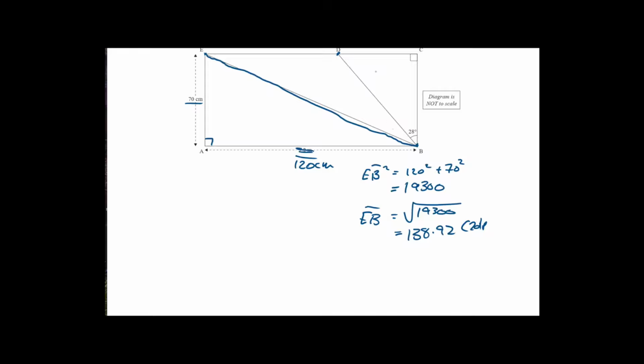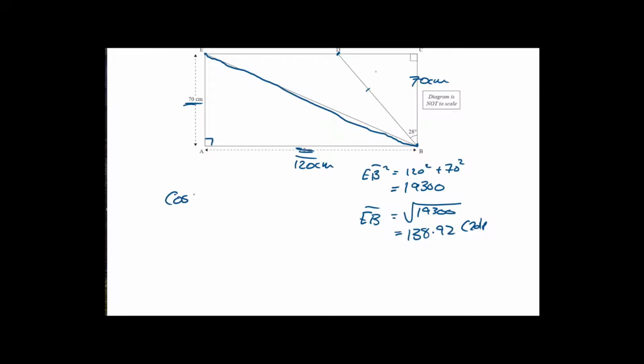Now we need to find this side here, and we can find that because this side here is 70 centimeters, this side here is also going to be 70 centimeters. We've got an angle here of 28 degrees, so we're effectively finding the hypotenuse, and we've got the adjacent, so we're going to use cosine.